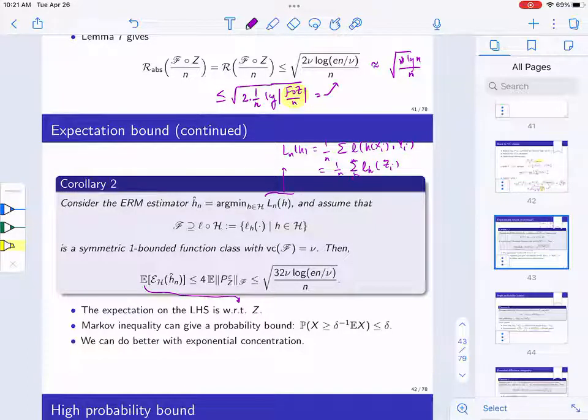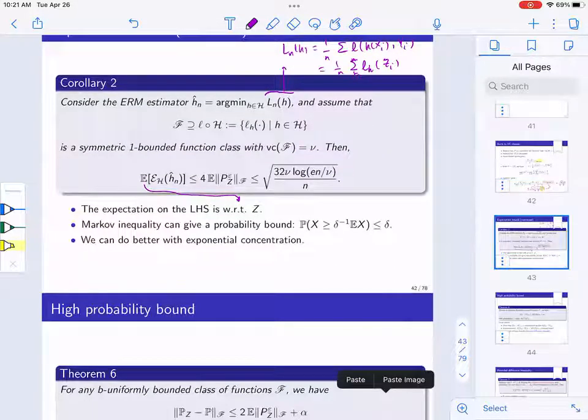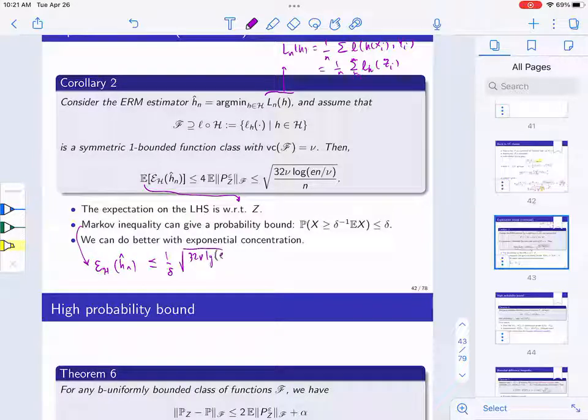So if I divide by 1 over delta, you can say epsilon h is bounded by 1 over delta times root 32 nu log e n divided by nu, with probability at least 1 minus delta.